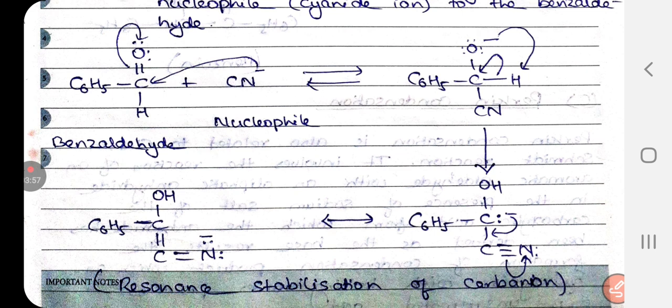Now when the unshared pair of electron migrated towards the carbon-carbon bond, then the displacement of pi electron of carbon-nitrogen bond is also taking place, that you can see, and consequently the structure will be like this.